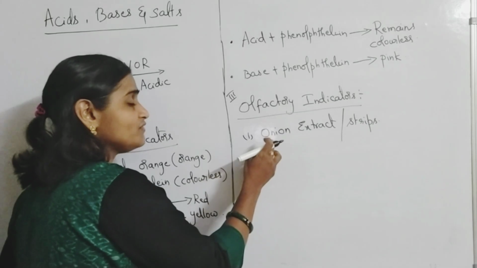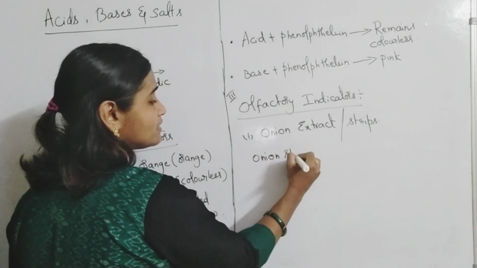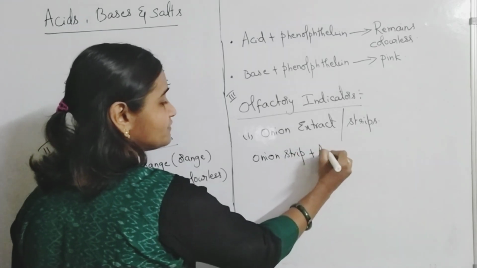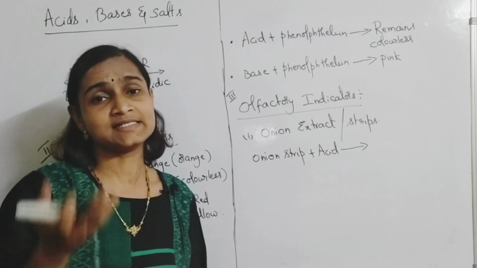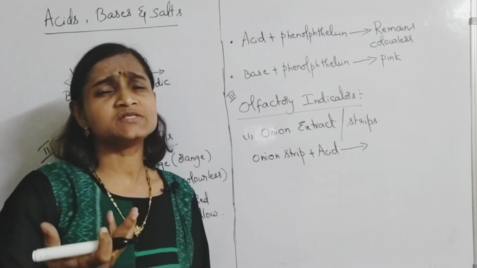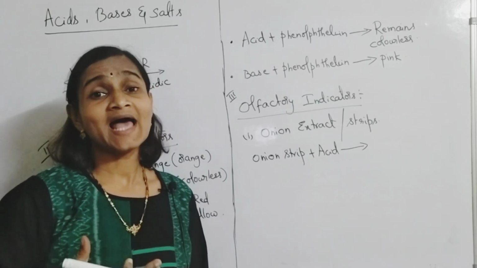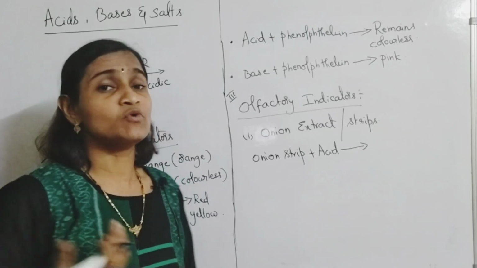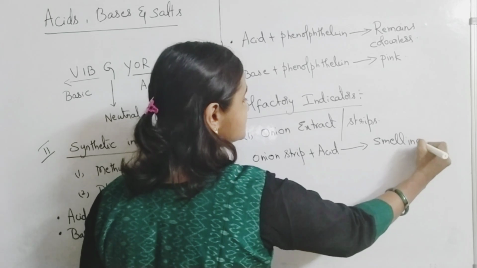Now how are you going to test? Onion strip plus an acidic substance, if you add it, the smell increases more. You will get a more suffocating smell. That means with acids the smell increases. Please remember this point.